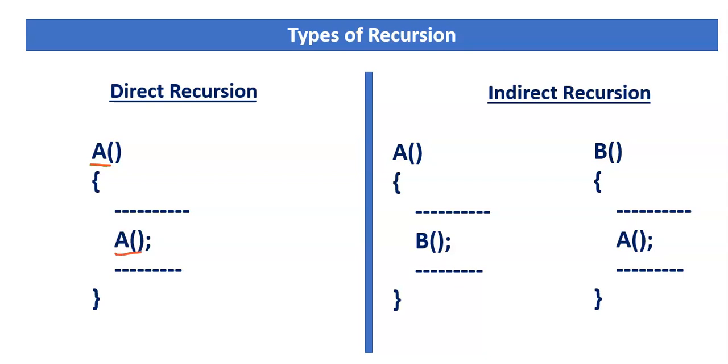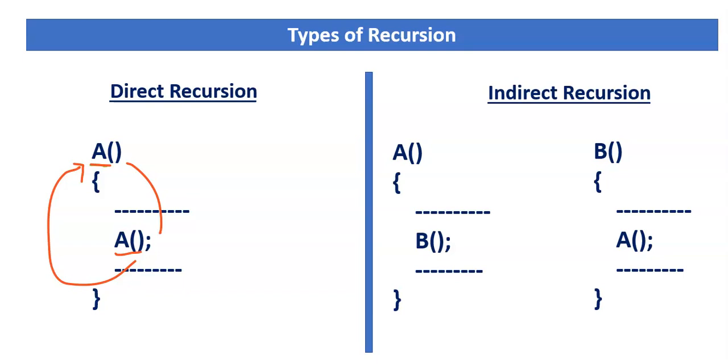That means A is a function, while it is executing it is calling itself. This type of recursion is called direct recursion. A function calling itself is called direct recursion.